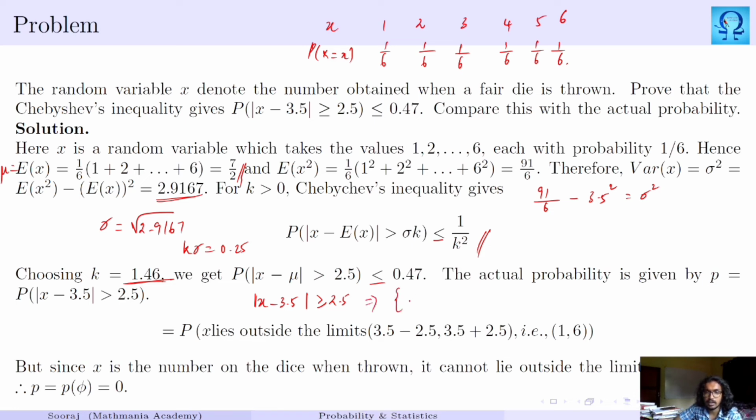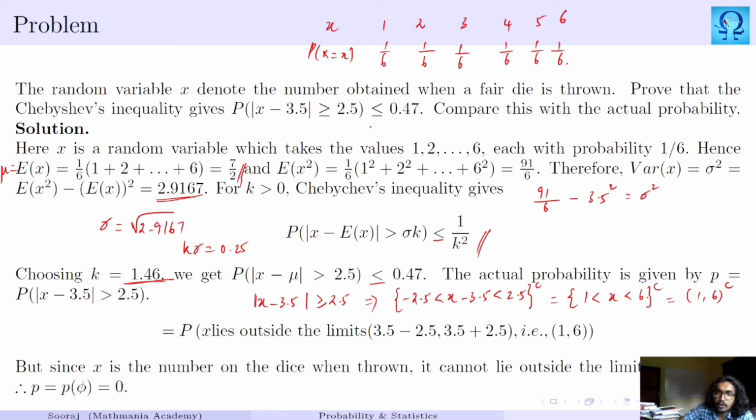The set consisting of minus 2.5 less than x minus 3.5 less than 2.5, the complement. When we add this 3.5 to both the sides, we would get 1 less than x less than 6, complement, that is the interval 1 comma 6 complement. Our x has to lie in this interval.